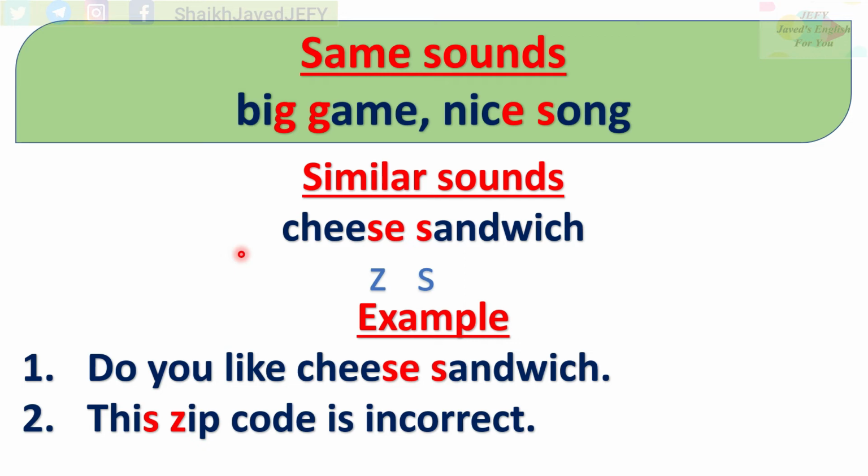For example, we have this sentence, do you like cheese sandwich? Okay, what I said, do you like cheese sandwich? I actually linked these two sounds, z and s, because they are so similar, so copy of each other, that it's possible for us to link them.